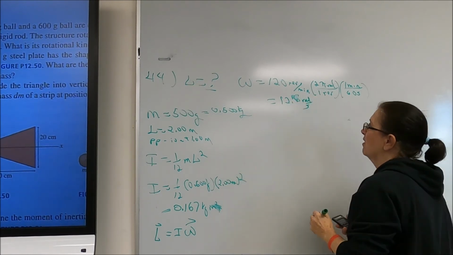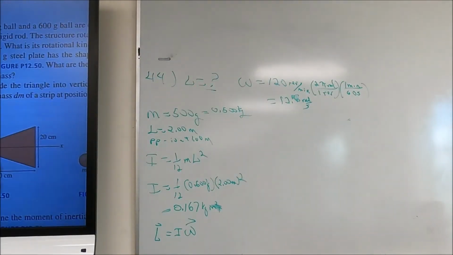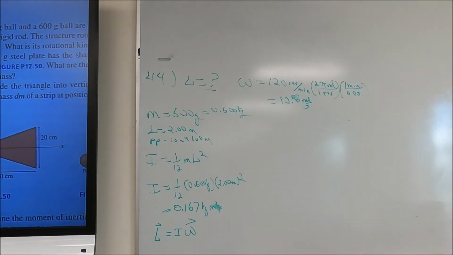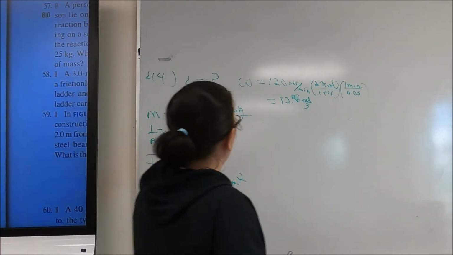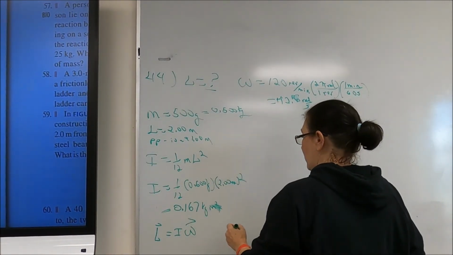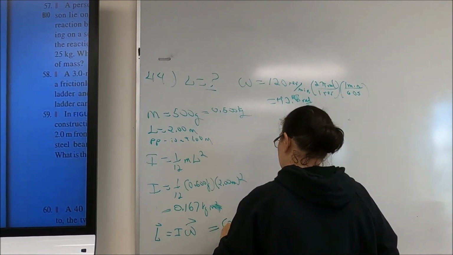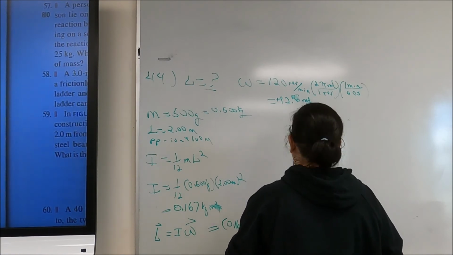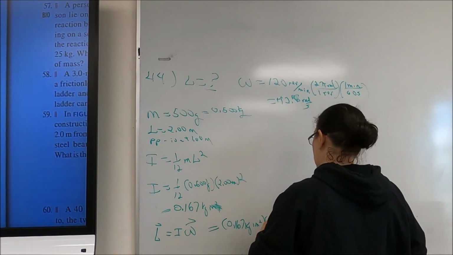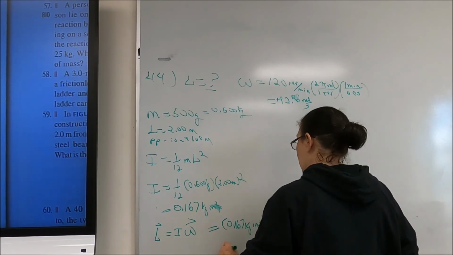radians per second. Now, looking at the image, this thing is rotating counterclockwise. So omega here is positive. So I would have 0.167 kilograms meters squared times 12.6 radians per second, and that's positive.